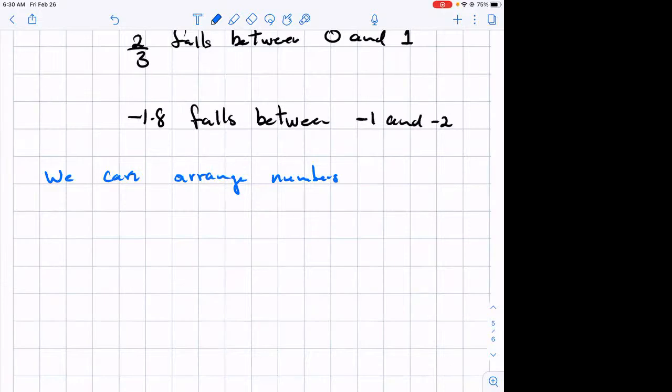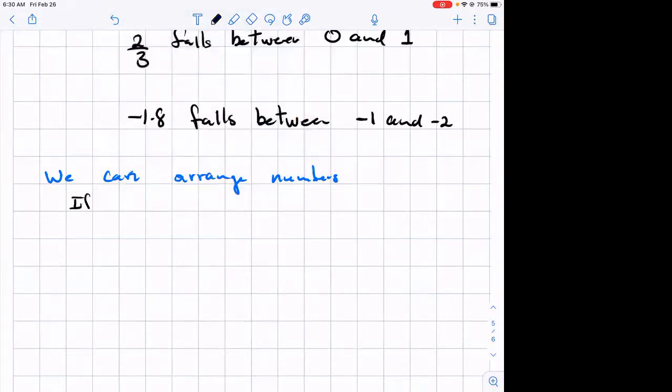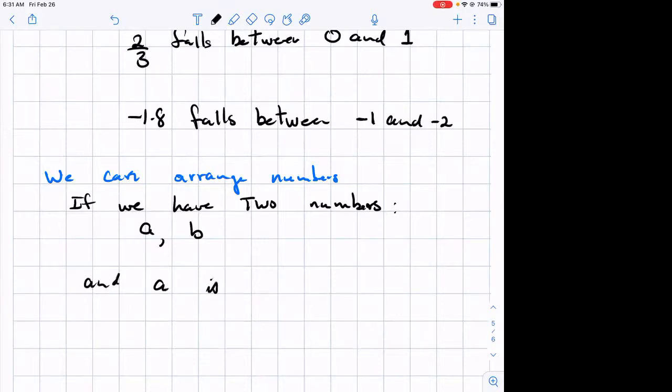So if we have two numbers, let's say A, comma B, okay? And A is smaller, or less than B.